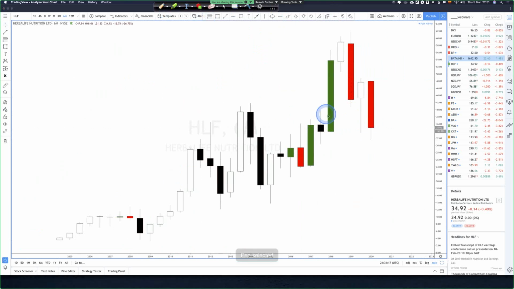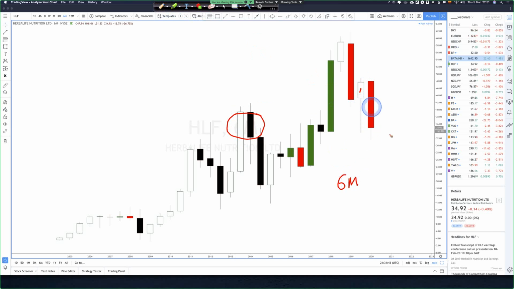This area is under attack. Why? Because of the velocity in the arrival. Because this candle, this is a 6 month chart, okay? 6M over there. So this candle over there took 6 months to be created.